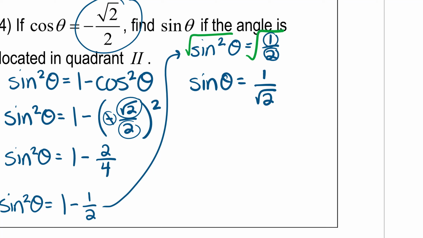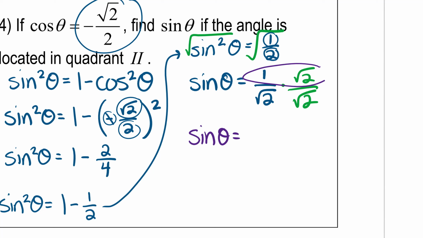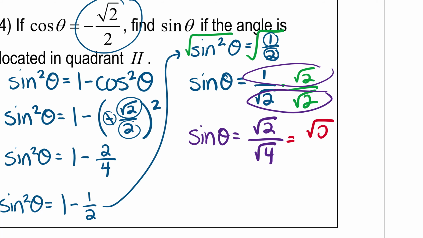But now we have to rationalize the denominator. So multiply. Now I have sine theta equals 1 times square root of 2 is square root of 2. Those are both square roots, so we have square root of 4. And the last thing, I can do square root of 4. That gives me square root of 2 over 2.